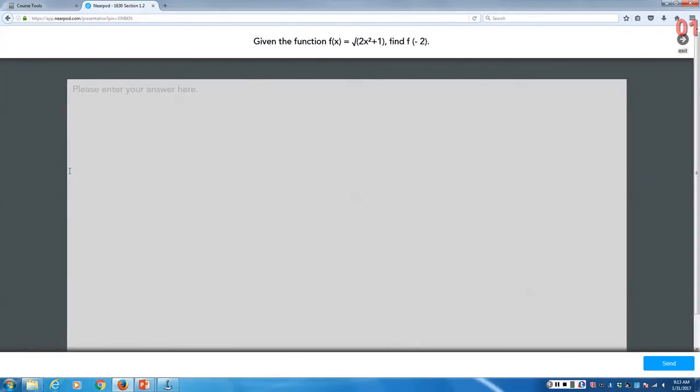So just as a quick review, given the function, the square root of the quantity 2x squared plus 1, find for me f of negative 2. And all you have to do is type in your answer.